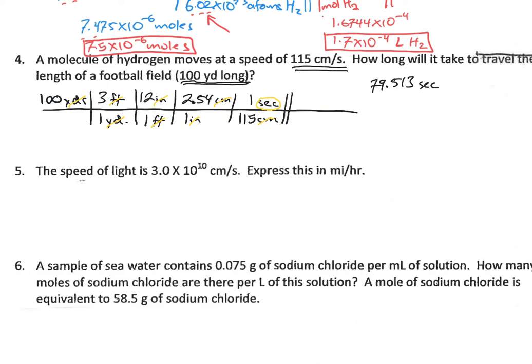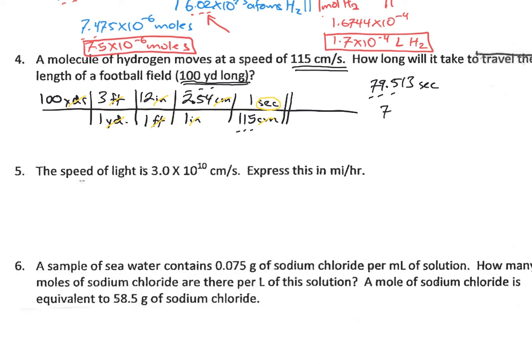Depends on what you're using here. Perhaps you use the 115, the conversion that they gave you, 2.54 perhaps. So when in doubt, pick the best number that you can, of course. Don't leave it as a huge number with a ton of decimal places. We're going to round to 3 here.